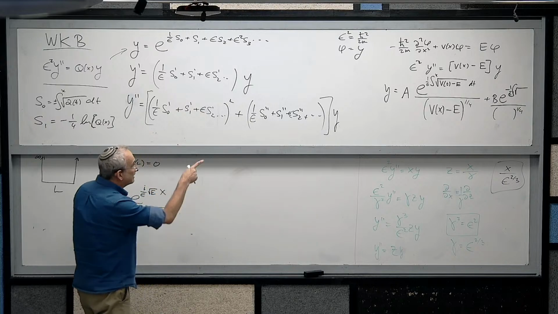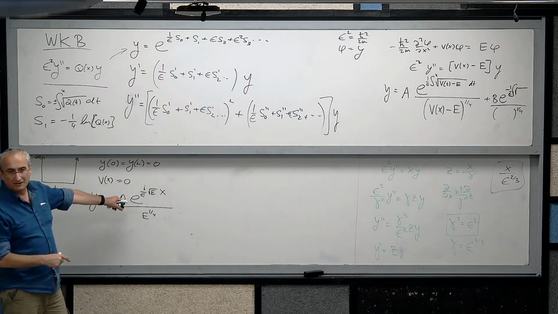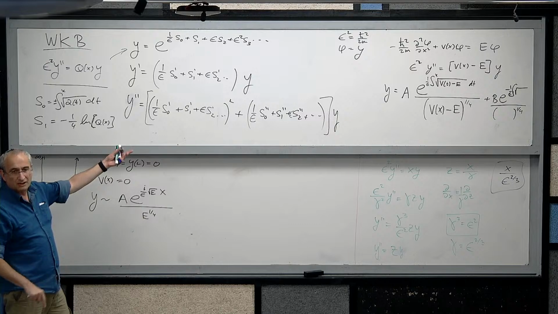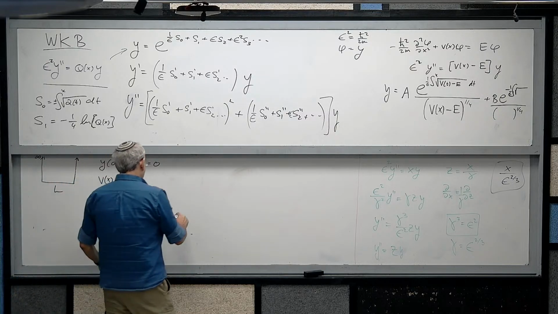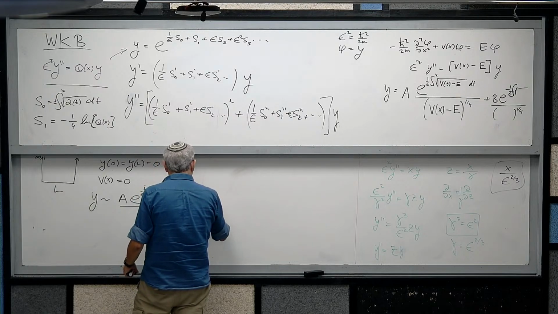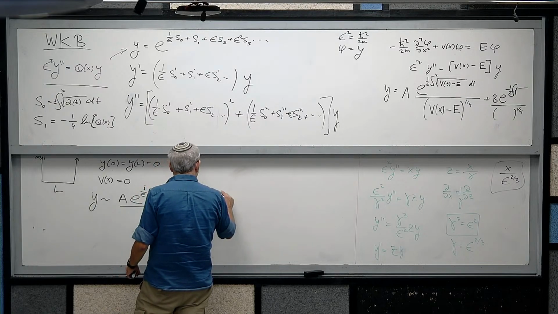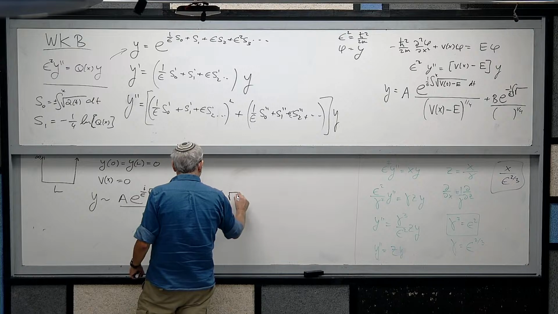I absorb the minus 1 to the 1/4 into the A. Then I have plus B e to the minus i over epsilon square root of E times x over E to the 1/4.